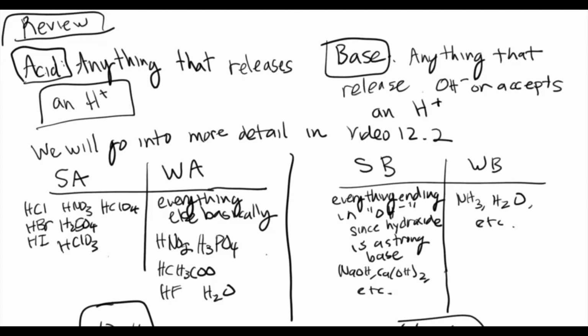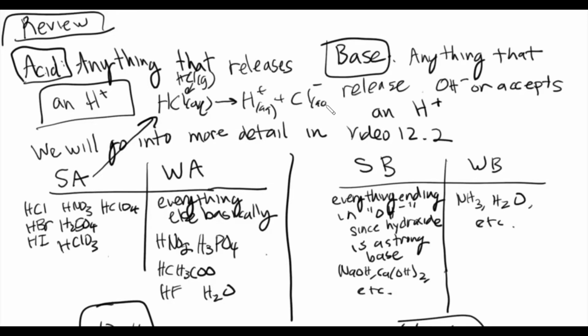So let's look at the strong acids and weak acids. And we covered this in a past video, or you might just know this from prior knowledge. But a strong acid is something that when dissolved, so for example, when we dissolve HCl, hydrogen chloride gas, into water, we know that it becomes, well, aqueous because it's dissolved in water. Now, upon entering water and being dissolved, HCl actually dissociates nearly 100%.